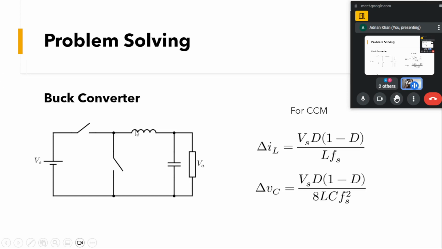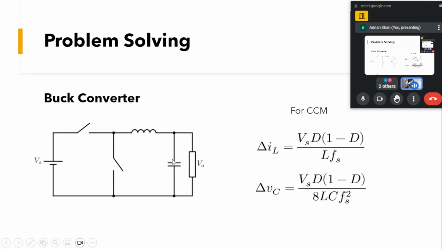Now we know that we have a buck converter, with a switching device and a diode, and when the switch conducts we have a positive voltage slope. Previously we solved this.